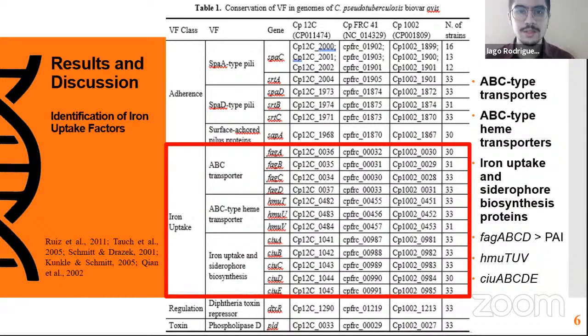The gene cluster CIU-ABCDE is known to be related with ABC type iron transport, biosynthesis, and siderophore production. This gene cluster has an iron-dependent regulation, and as it is highly conserved, it's suggested in the literature that it has an essential function in the pathogenesis of these bacteria.